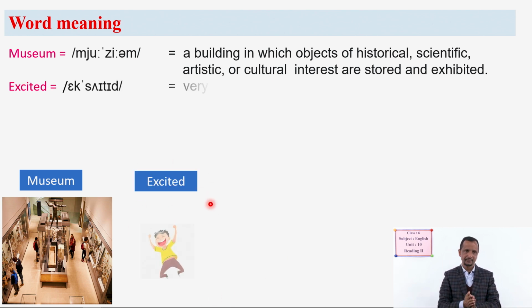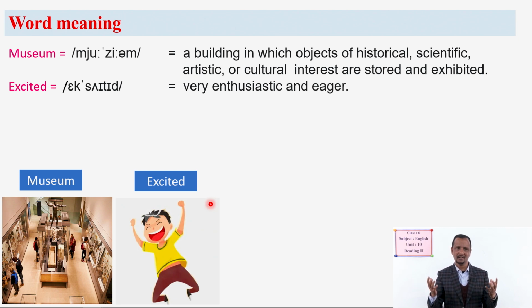Next, excited. Excited. Please follow me. Excited. Wow. You can see in the picture. It means very enthusiastic and eager. Eager to do something, eager to know something. Okay, that is what? Excited.